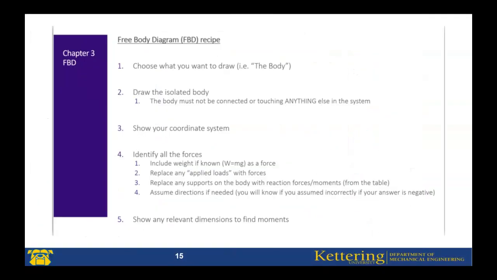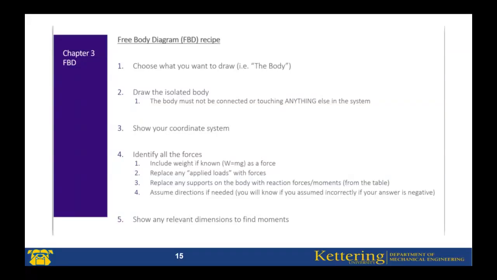Then, this slide is from my colleague. I just copied it from my colleague. This is called the recipe of the free body diagram. We choose what we want to draw, for example the body, like a wheel or this box or anything. First, isolate the body. Separate anything touching or attached.